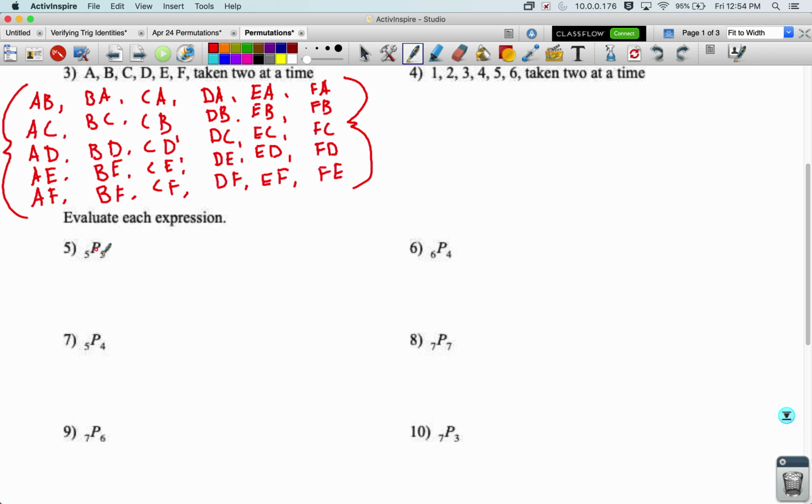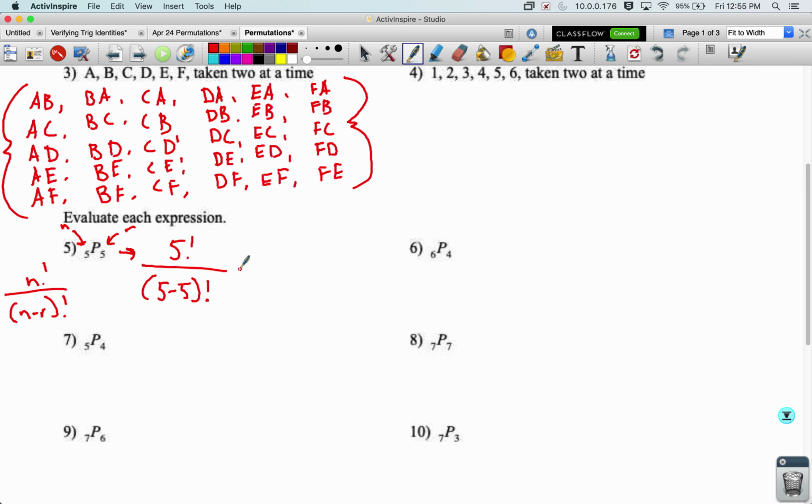So 5 pick 5, or really we should say this is 5 permute 5, but everybody just says 5 pick 5. The actual math for how you do this is you do 5 factorial divided by 5 minus 5 factorial, because it's n factorial over n minus r factorial, where this is n and this number here is r.